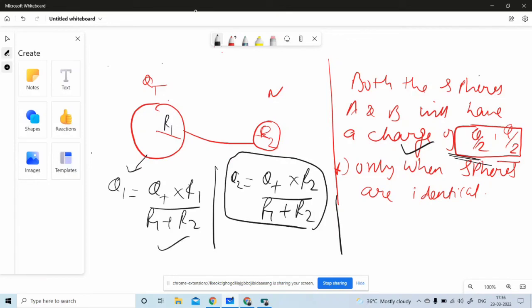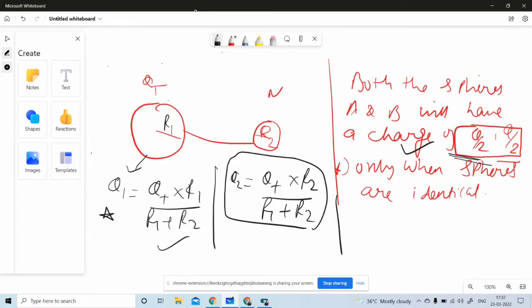We'll derive this formula after a few lectures, because you need the concept of potential, which is explained later on. So all the students please note down this formula. It is used to calculate the charge on a body by conduction when the spheres are not identical. If they are identical, you can directly put Q by 2, Q by 2.